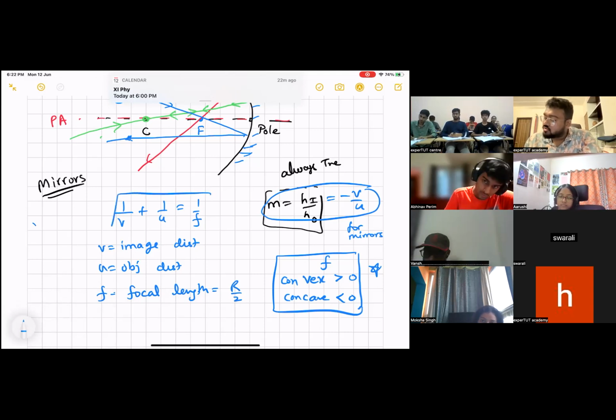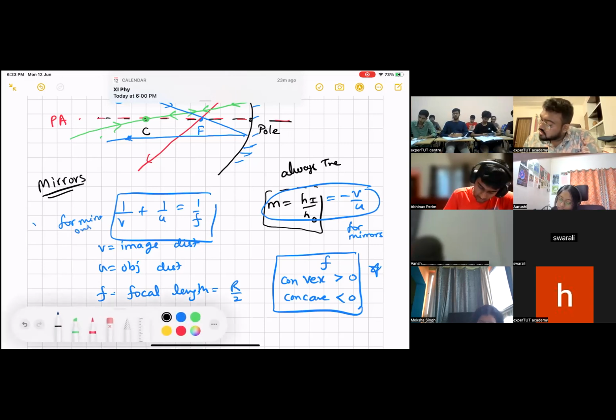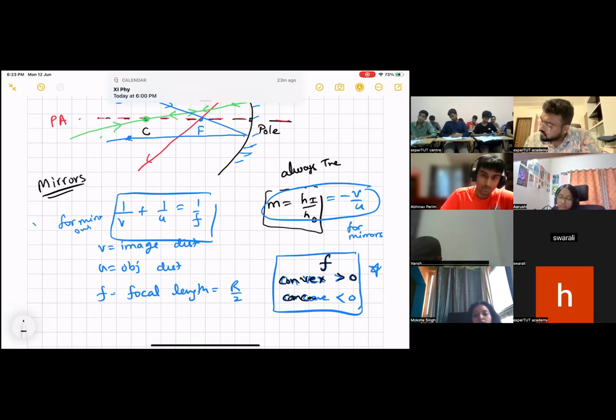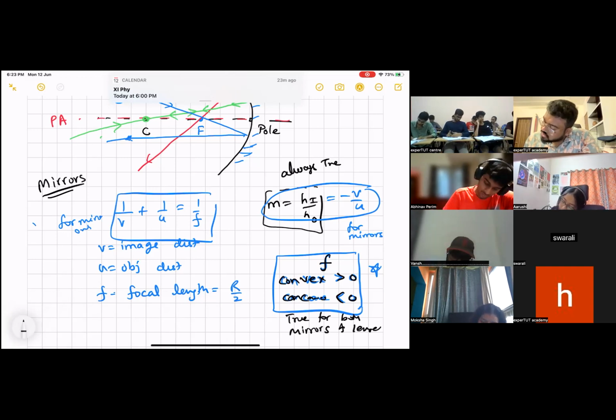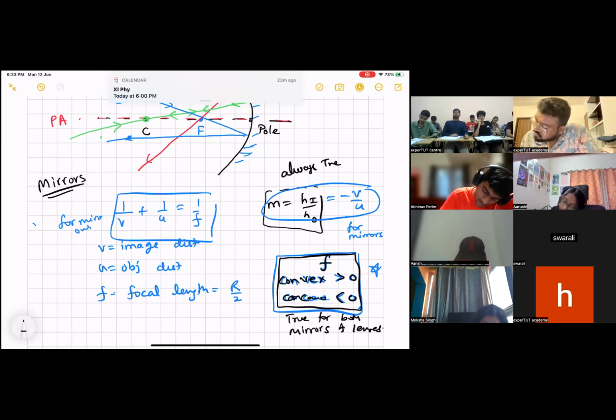By the way, this should be written in black, because f is also true for both mirrors and lenses. True for both mirrors and lenses.